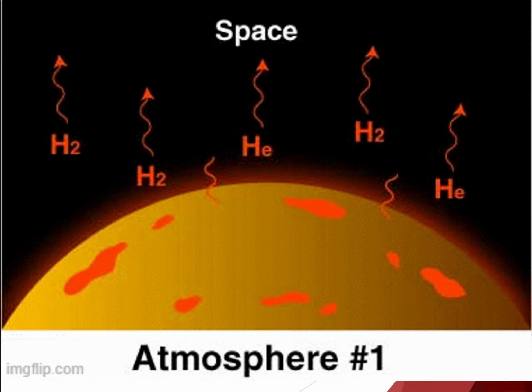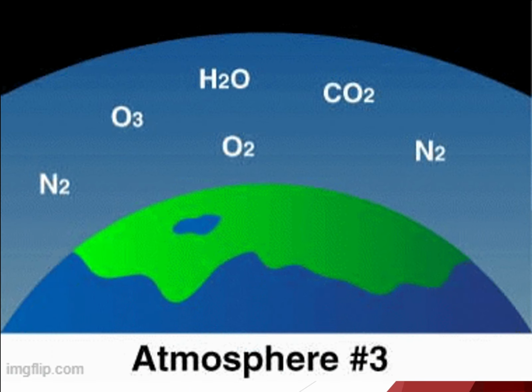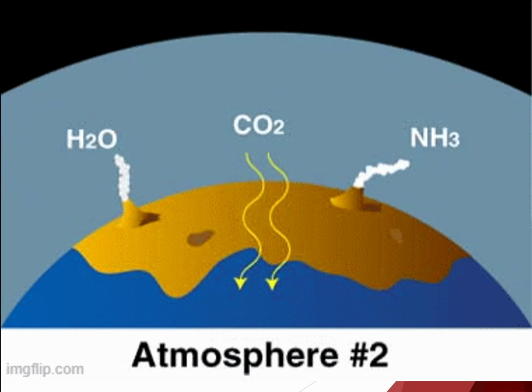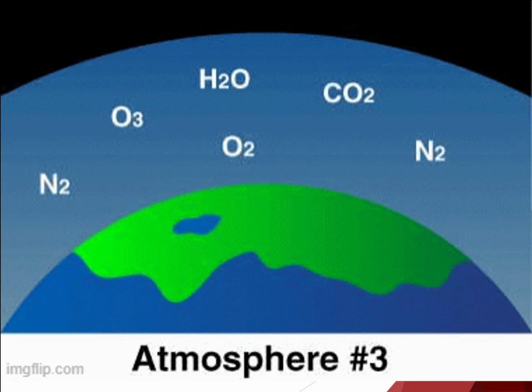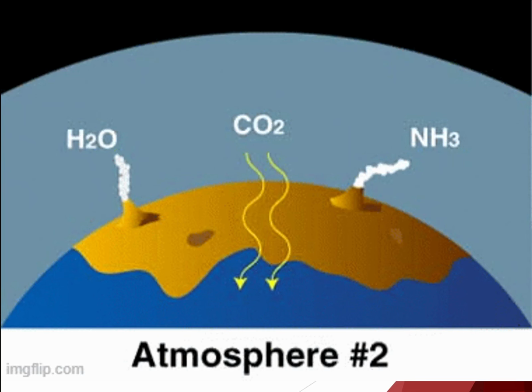The earliest atmosphere was composed primarily of hydrogen and helium gases. These gases were too light for the planet to retain. Many scientists think that solar wind, which remember are charged particles from the surface of our sun, carried that young, light atmosphere away.